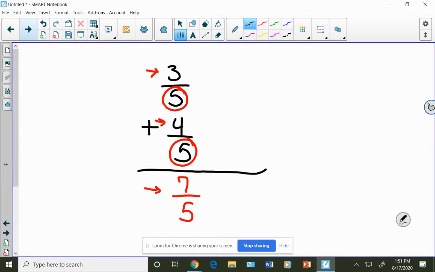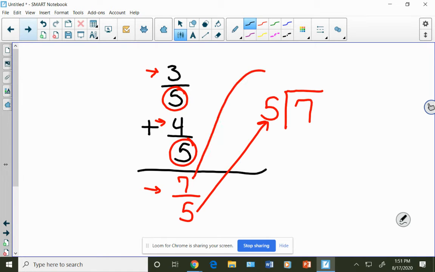Remember in our other video that we divide. Remember, the bottom number goes outside, the top number goes inside. How many 5s are in 7? And the answer is 1. 1 times 5 is 5. 2 left over.